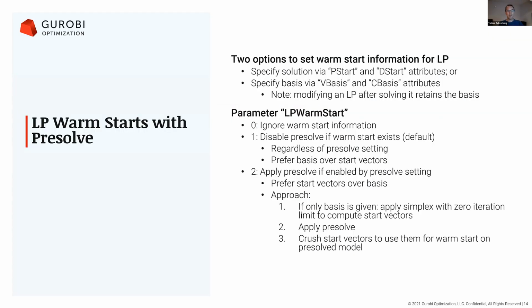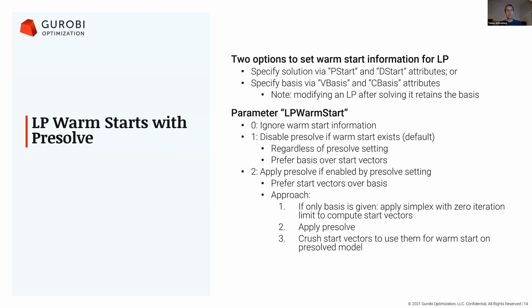So recall that you have as a user two options to specify an LP warm start. The first option is you specify a pair of primal and dual solution vectors. So that would be through the PStart and DStart attributes. And the other option is you provide a basis. So this is this combinatorial object where you say that a variable is non-basic or basic and that a constraint is non-basic or basic.